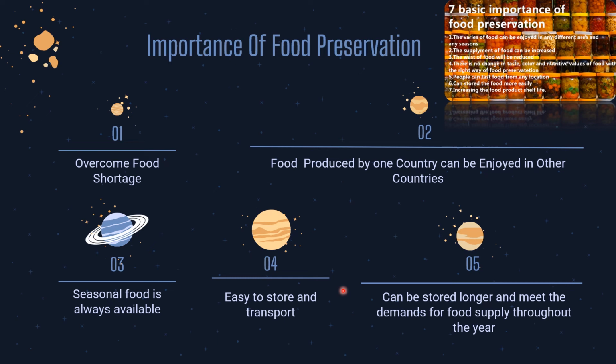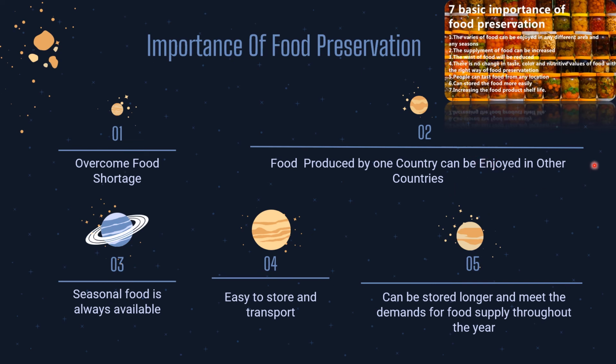You can smoke it, so you can use many preservation methods in order to store and transport it easily. Lastly, it can be stored longer and meet the demands for food supply throughout the year. So that means the food that you want can be gotten anytime, anywhere, because the food is preserved.